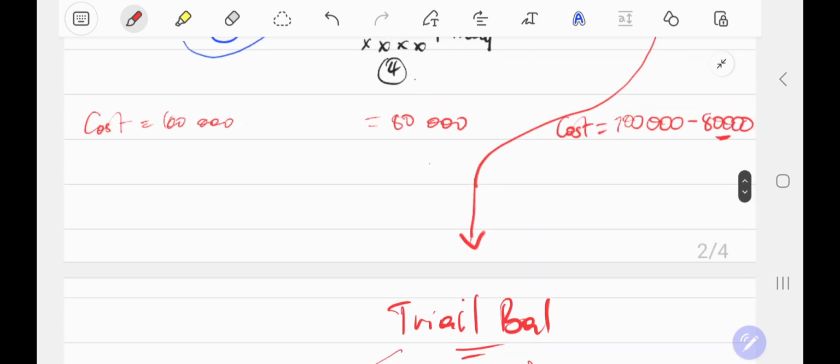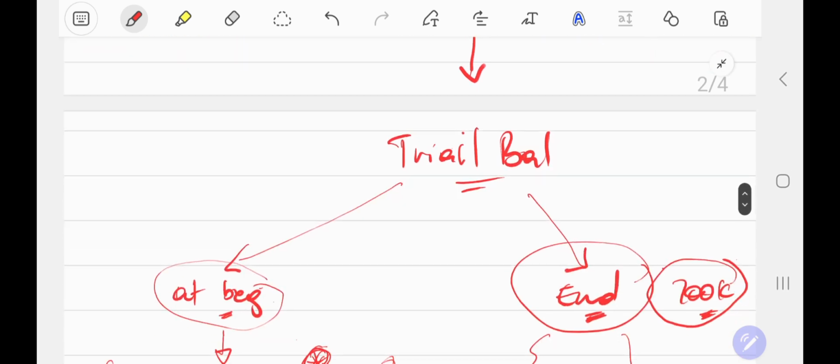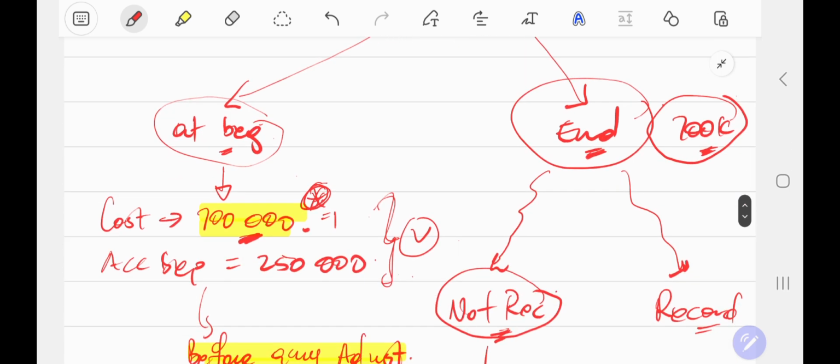So when you work out the cost of the remaining vehicles, you always need to check whether or not the transaction was recorded. You also need to check if the balances given on the trial balance are balances at the beginning or at the end. If it's balances at the beginning of the year, it's very simple. It means that whatever adjustments you have have not been taken into account in the balance you are given.